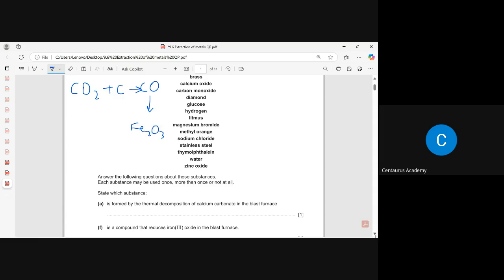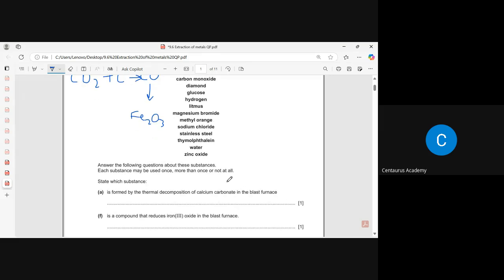Okay, moving on. Can someone tell me why this calcium carbonate is used and what is the purpose of calcium oxide which is produced here?